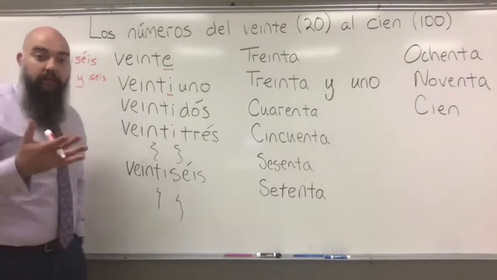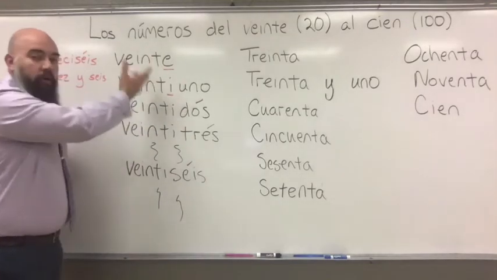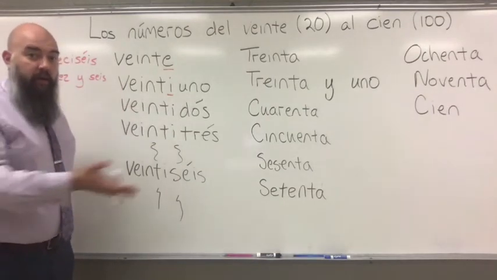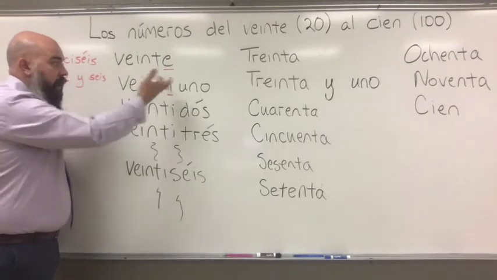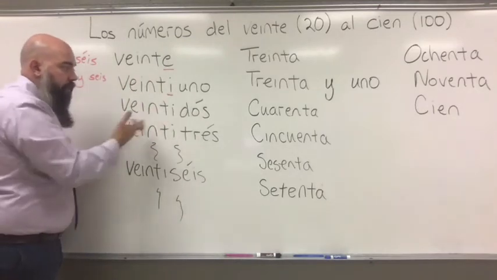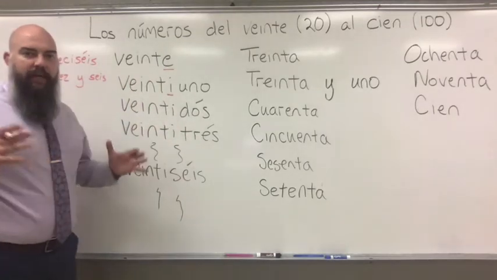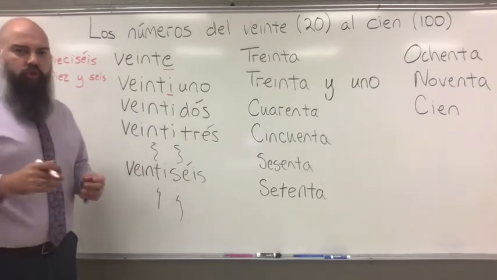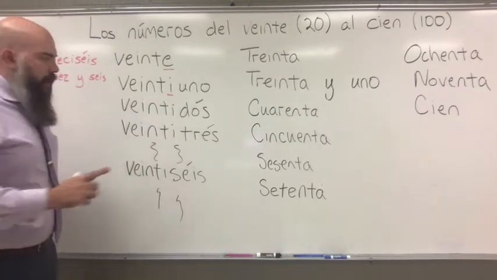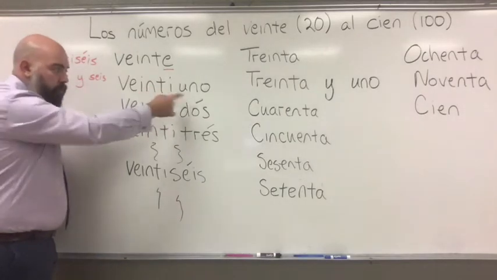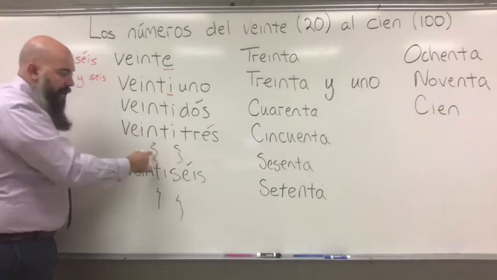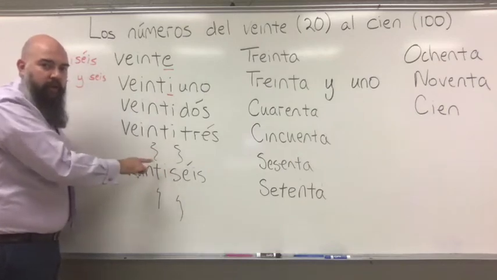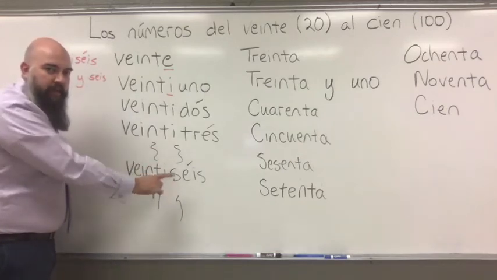Now, we'll get into why we have to change and all that later. But right now, just recognize that all of these are 20 and 1, 20 and 2, 20 and 3, but said smushed together. 21, 22, 23. Now, notice I have 21, 22, 23, and then I have these squigglies. These squigglies represent the ones in between. And then I have 26 here, and then more squigglies.